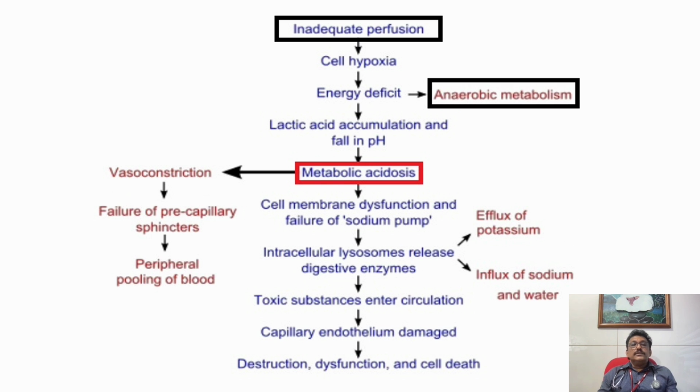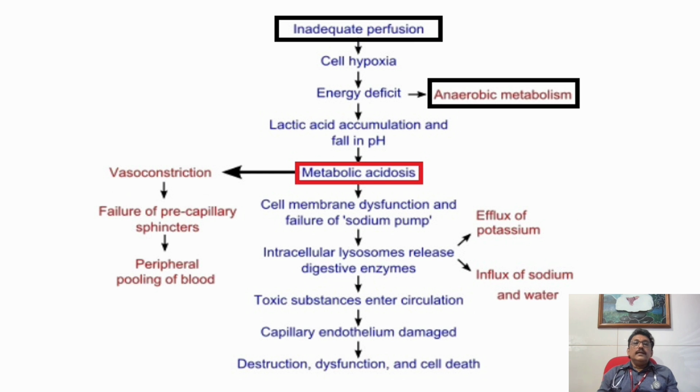And with metabolic acidosis, cell membrane dysfunction can occur. Intracellular lysosomes increase digestive enzymes. It produces sodium potassium pump alteration. Toxic substances enter the circulation. The capillary endothelium is damaged. That is a very important step.